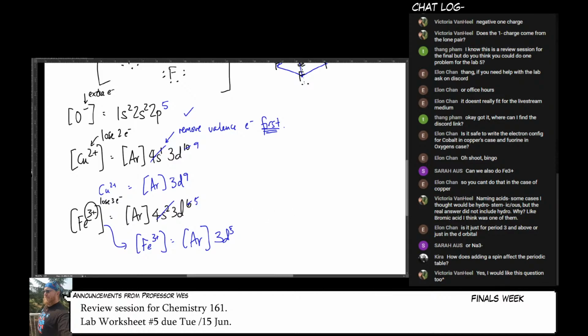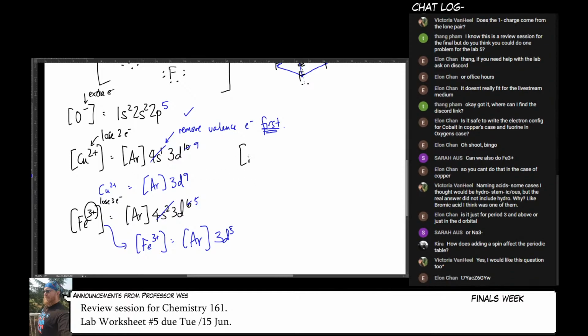And then for sodium with a -3... Oops, I forgot my -3. There we go. We would write the regular electron configuration, which I'm not going to do neon. I'll just do it this way.